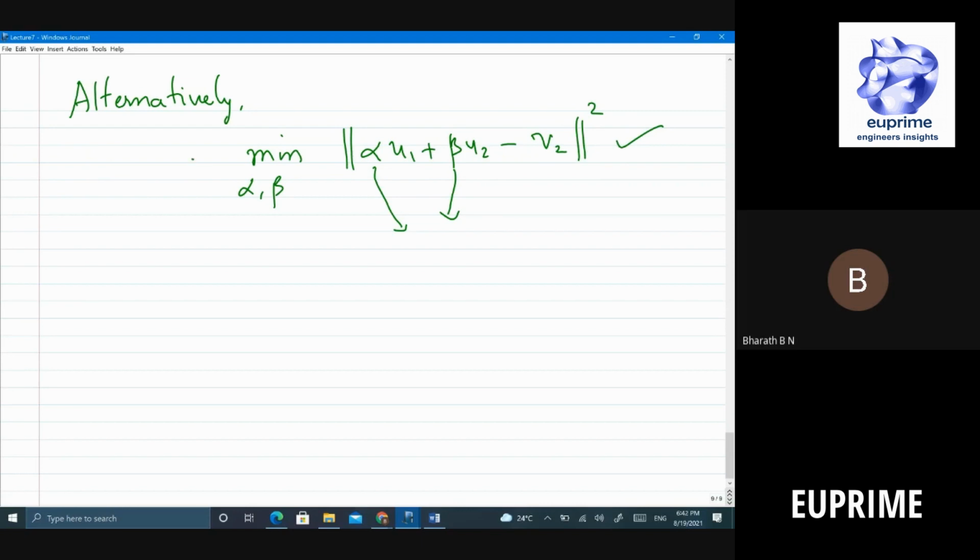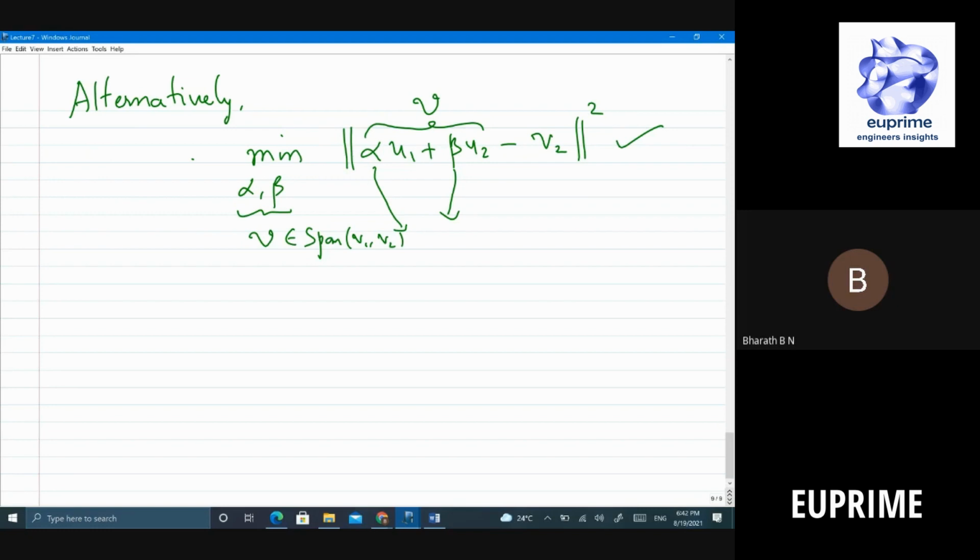okay, so what I can do is I can call this vector as v, okay? Instead of minimizing over all alpha beta, I can minimize over all v belonging to span of v1 v2, right? That's what I have done. Alpha beta, if I vary, I'll get different vectors in the span of v1 v2, right?